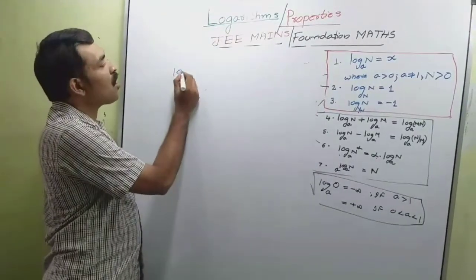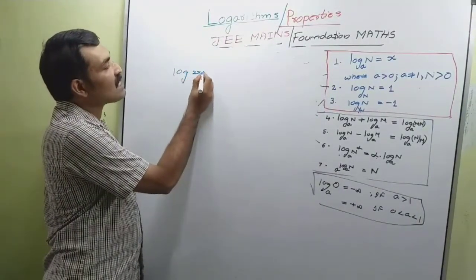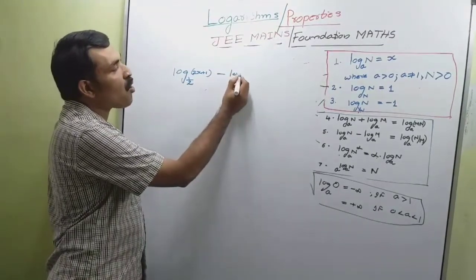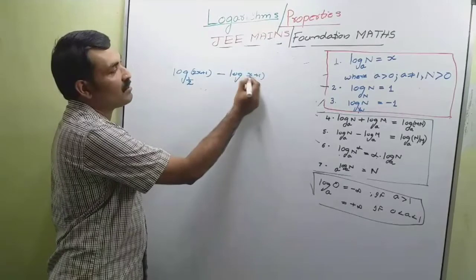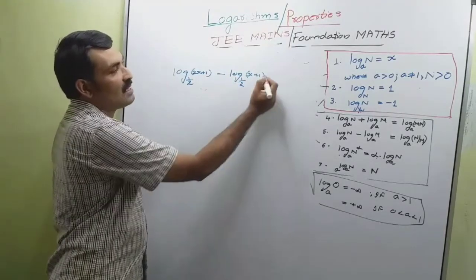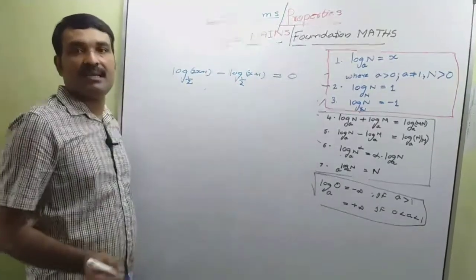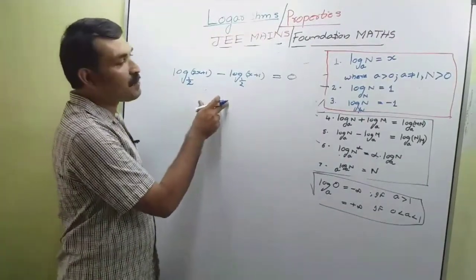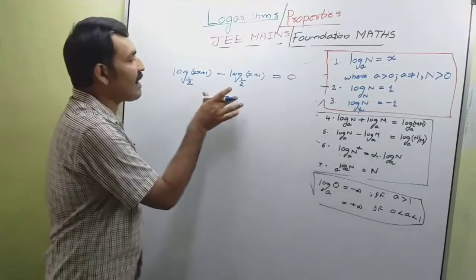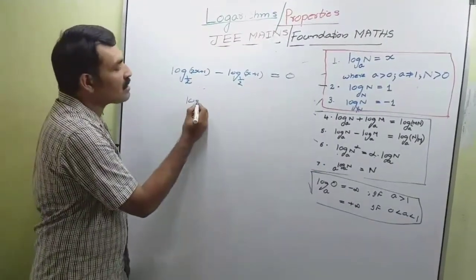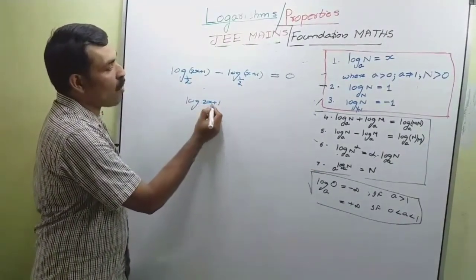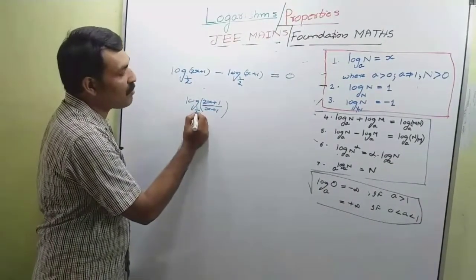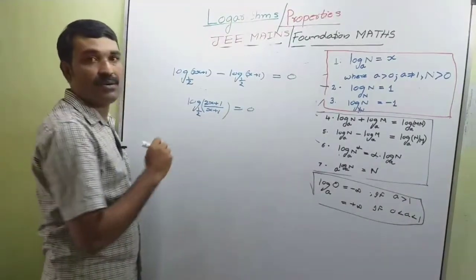Consider log of 2x plus 1 to the base 1 by 2 minus log of x plus 1 to the base 1 by 2 is equal to 0. Then find the value of x. That means by using this property 5, we can write this as log of 2x plus 1 divided by x plus 1 to the base 1 by 2 is equal to 0.